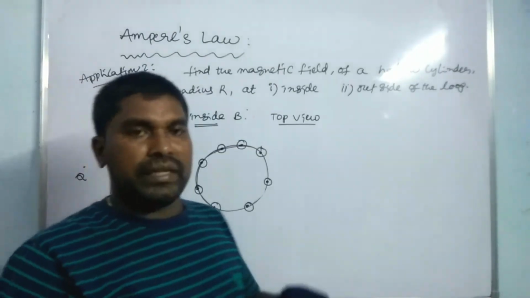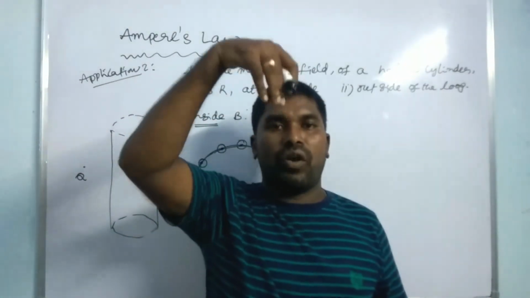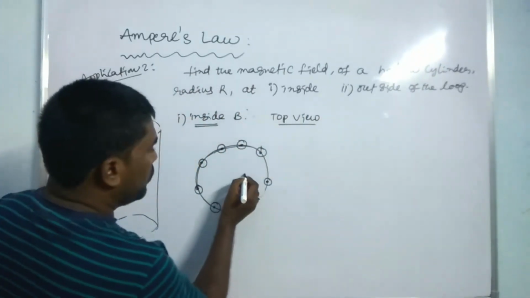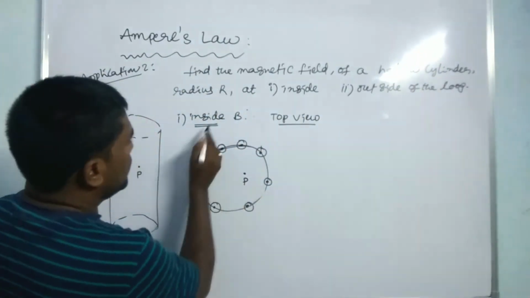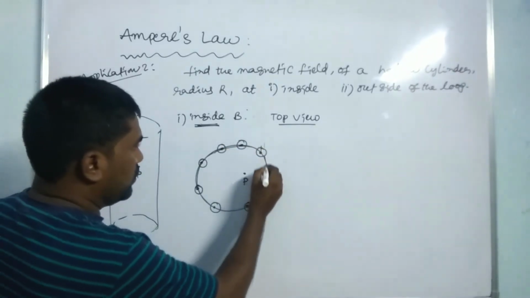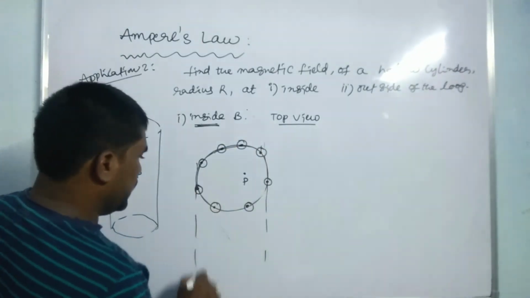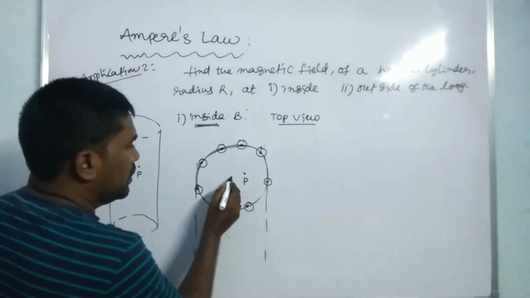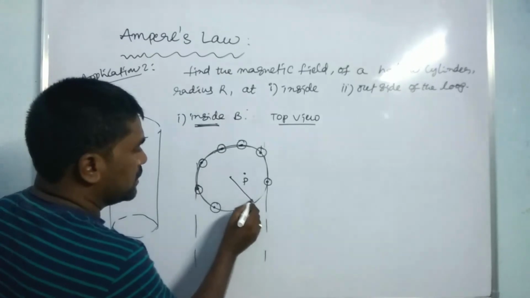And here there is a cylinder. We have to see from the top view in this direction. At this point we have to assume a point P, inside of the cylinder. The cylinder at first has the radius capital R.